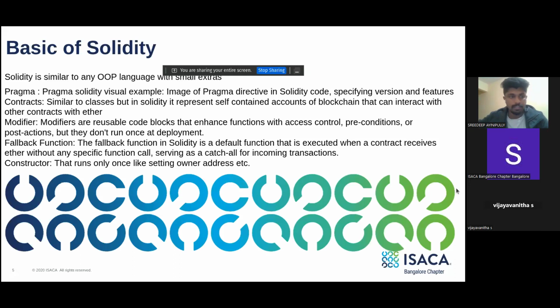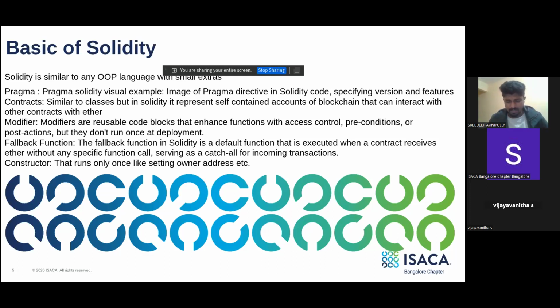When it comes to writing smart contracts, we use a programming language called Solidity. Solidity is an object-oriented programming language. If you are from a coding background, or if you studied BCA or computer science in graduation, you might find this code a little bit easy, because it uses the same concepts.